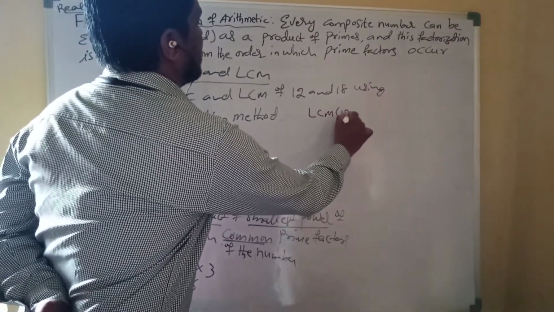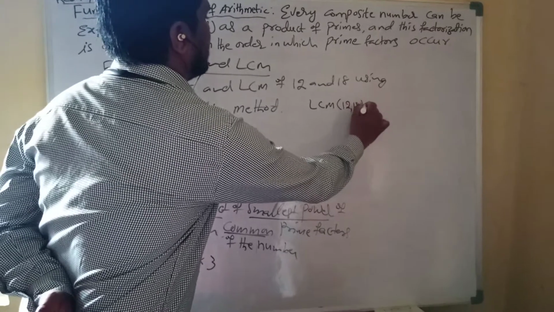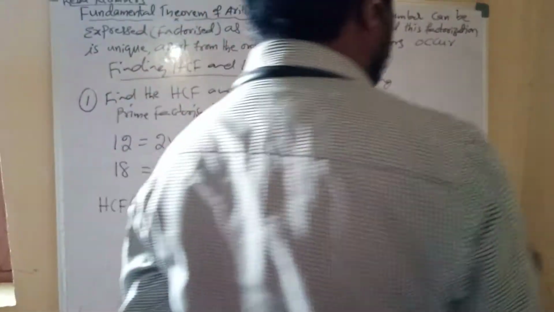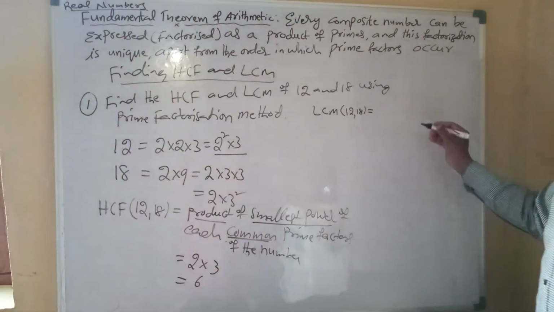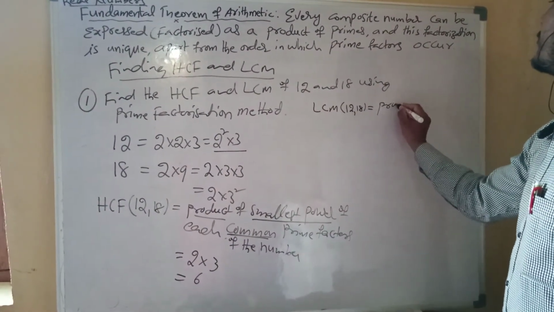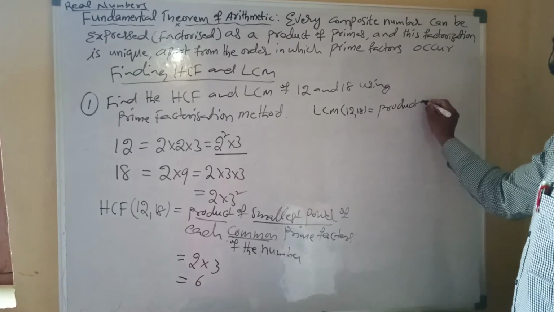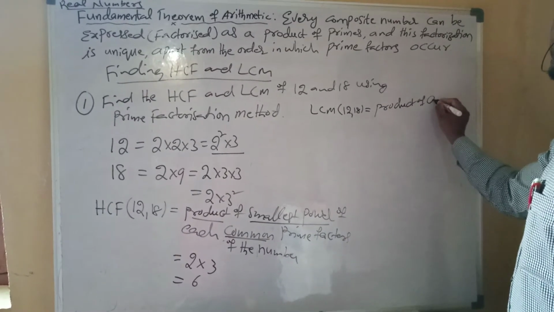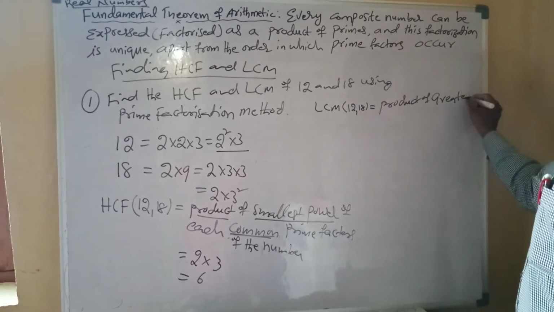LCM of 12 comma 18 is equal to, I am writing LCM here. LCM is the product of greatest power you have to take, greatest power.